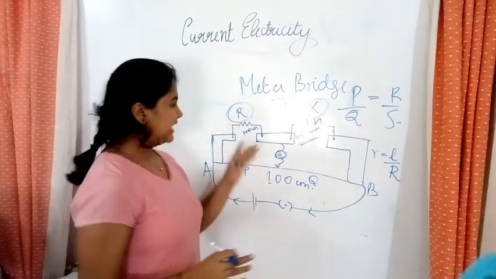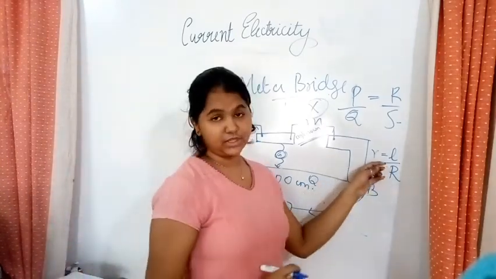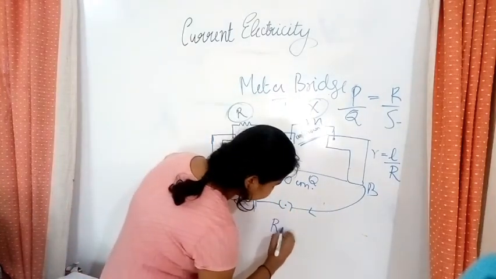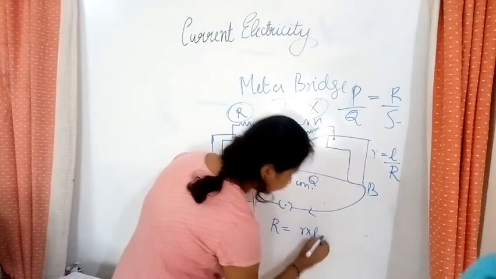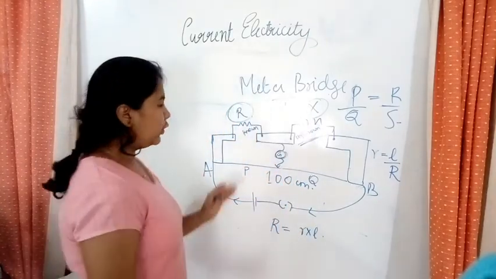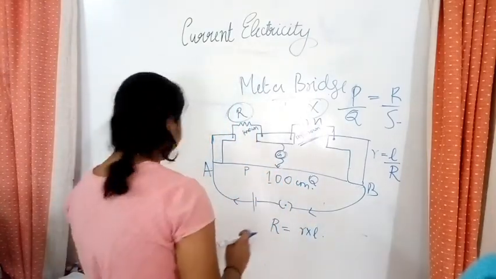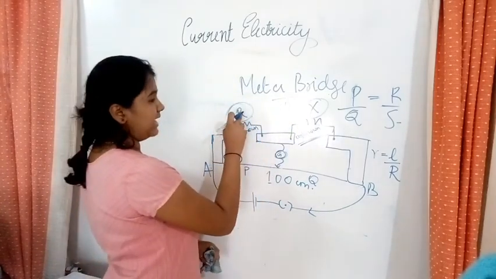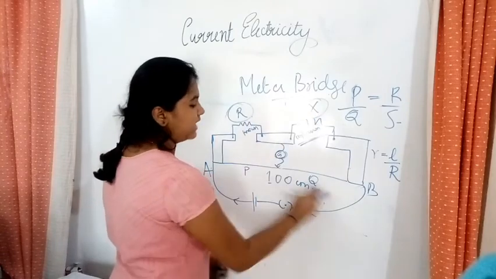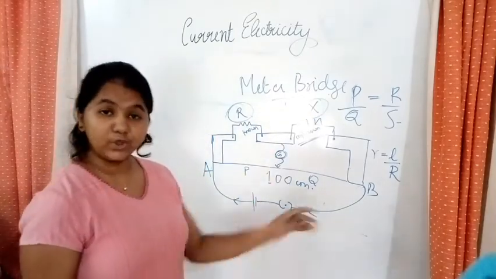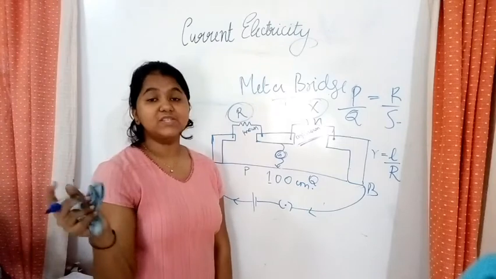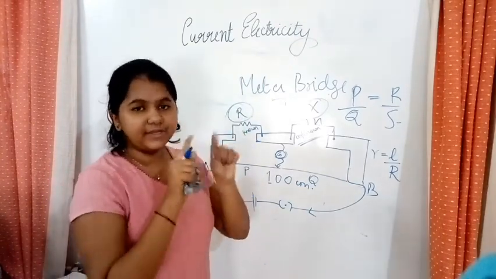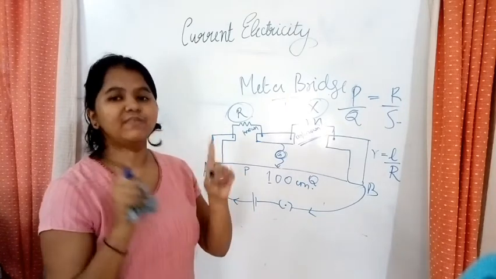So now let's see. We know resistance R is equal to resistivity into length. I told you it works on the principle of Wheatstone's bridge. So I have named these R, X, P and Q. So how do you find out the unknown resistance? In the previous case, there was a variable resistor and we were adjusting that.